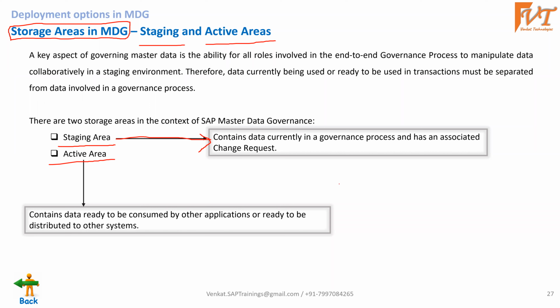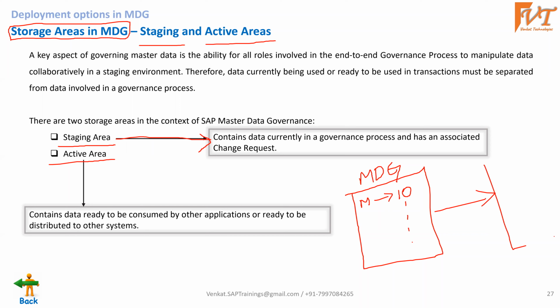To give you an example, let's say I have an MDG system and I am creating a material, let's say material 10. When I am creating this material, as per MDG, it will not directly go and update in the backend ECC. As soon as I create it, it will not directly update in ECC. It will go to approvals. We have another level of approval to be done.